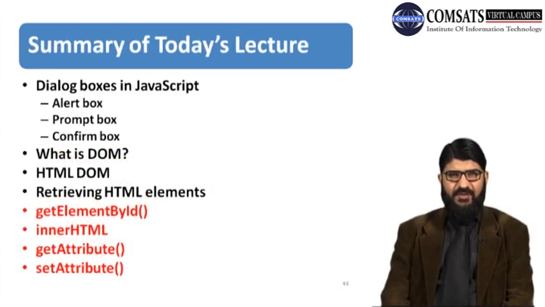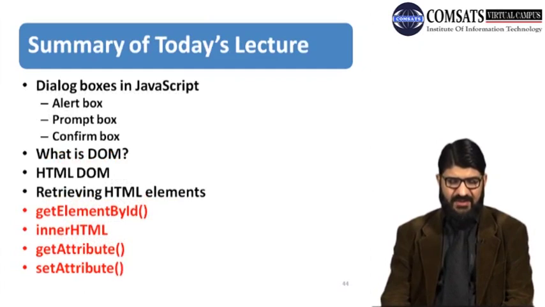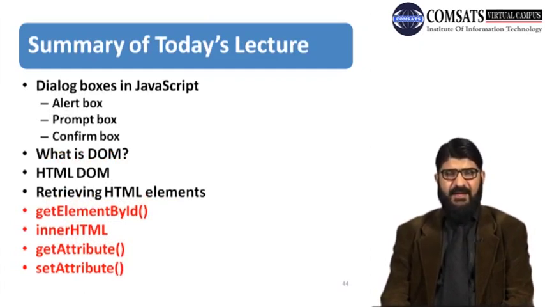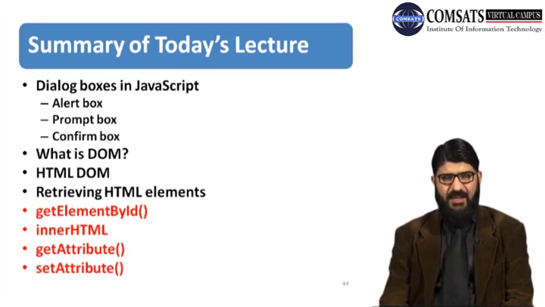The summary of today's lecture. In today's lecture we have discussed dialog boxes in JavaScript. We have seen that dialog boxes are basically a way to communicate with the user for different actions. There are three categories. The first category is the alert box.